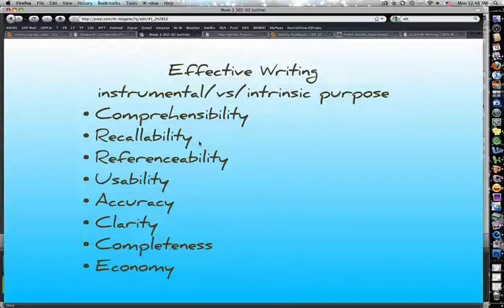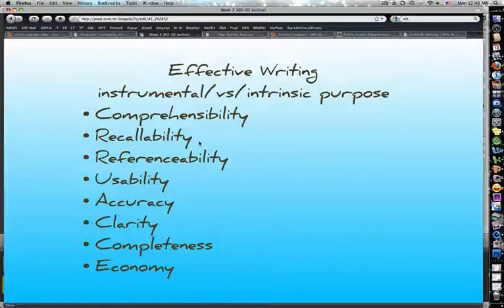First of all, remember to distinguish intrinsic versus instrumental purpose. So far you've probably been used to writing with an intrinsic purpose, most of the times for the sake of writing or for your instructor. From now on, you should be used to write with an instrumental purpose, which means that you have to be aware that your audiences will get to use what you write, whether it's patient information, brochure, reports, proposals, etc., or articles, and in a certain way.